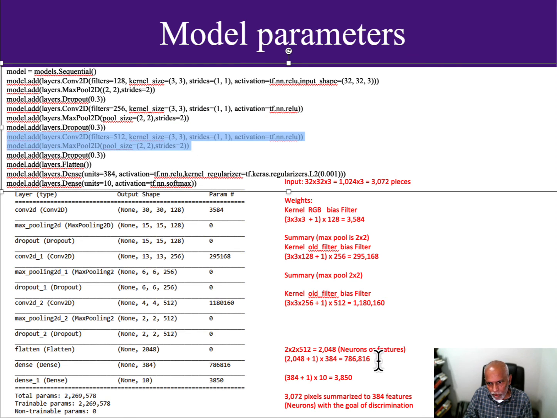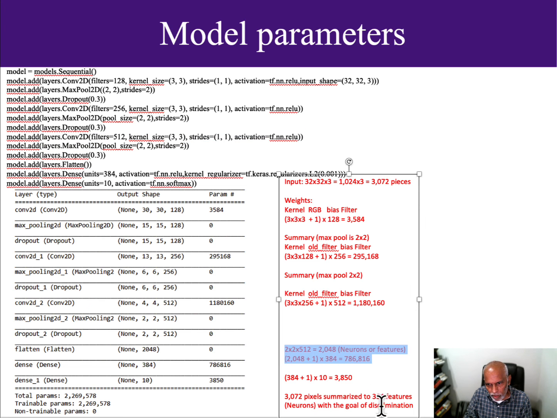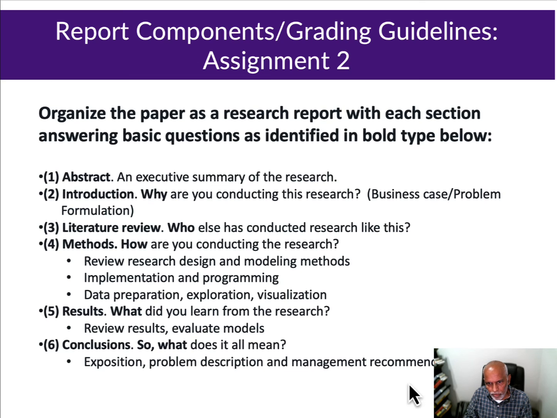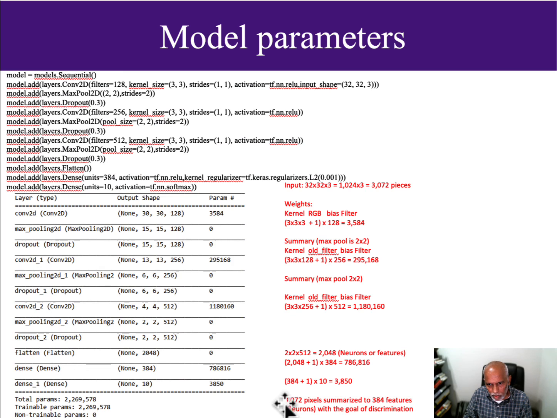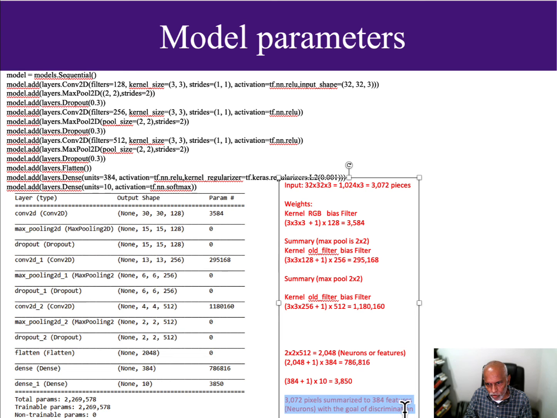Then the fourth layer is this, and finally this one: 3072 pixels summarized to 384 features, neurons, with the goal of discrimination. That's the last one. So you will get an idea about how the parameters are calculated, and here is the example calculation.